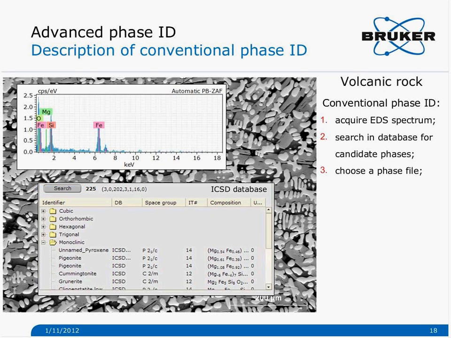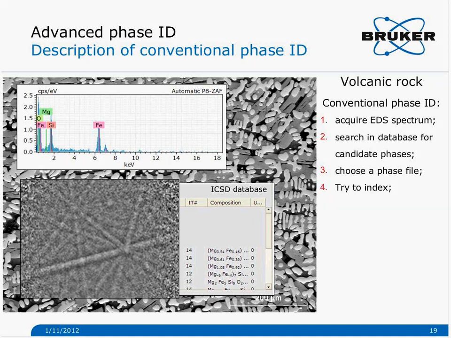Next, the user chooses manually one of these entries and uses it to try to index a Kikuchi pattern corresponding to the same spot from where the EDS spectrum was acquired.